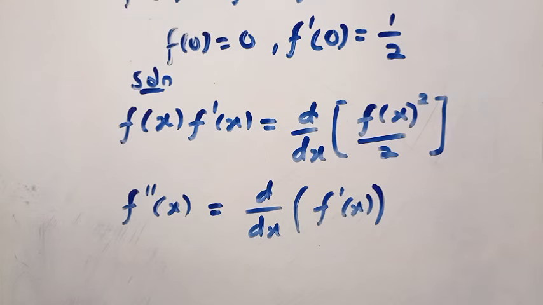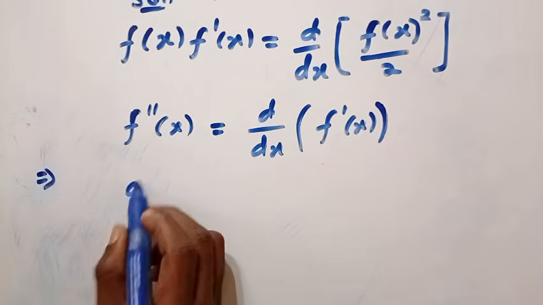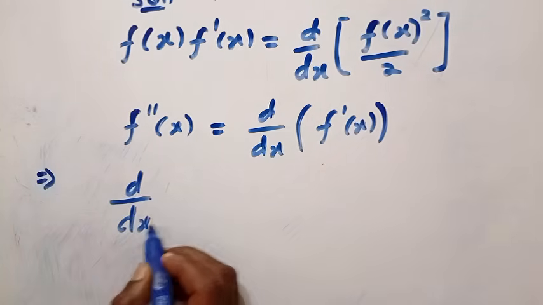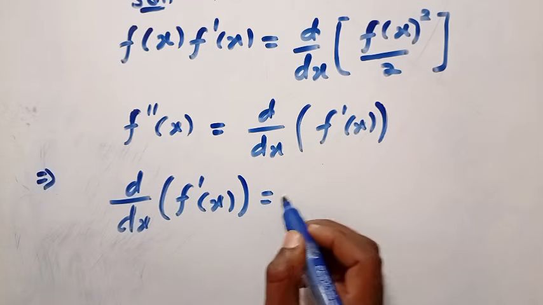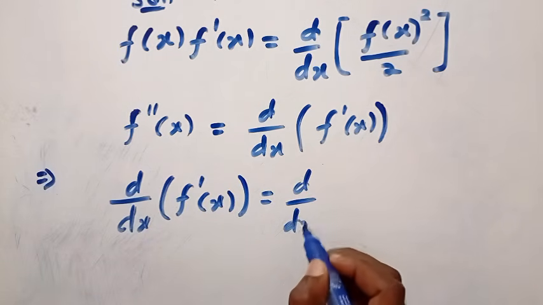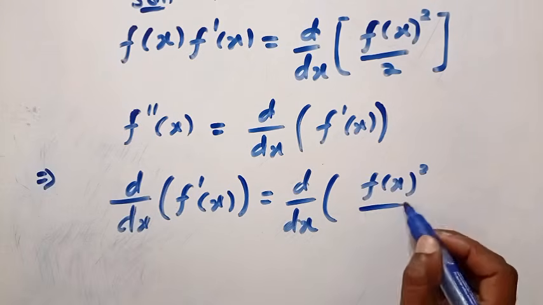By equating these to each other, we have d divided by dx of f prime of x equals d divided by dx of f of x squared divided by 2.